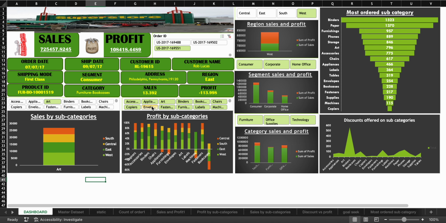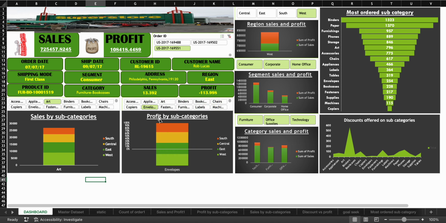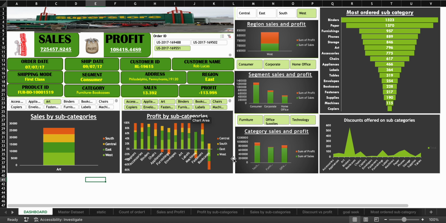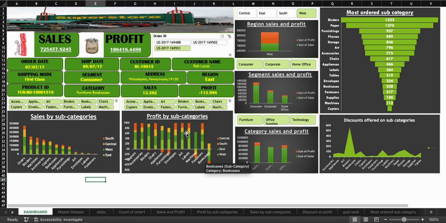Again, I've done the same thing with the profit by subcategories. For example, if we click envelopes, in different regions, how much is the profit given by envelopes, right? In labels, binders, chairs, accessories, and all that. It includes all the subcategories, for the sales as well as the profit, so the company can see it according to its need.